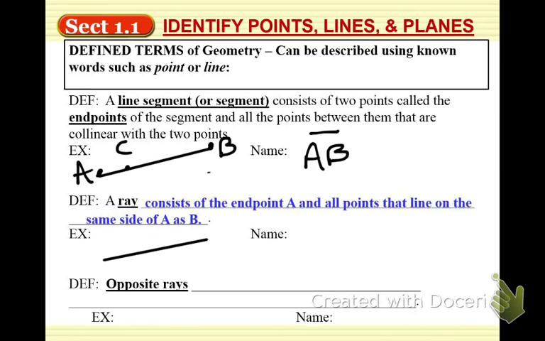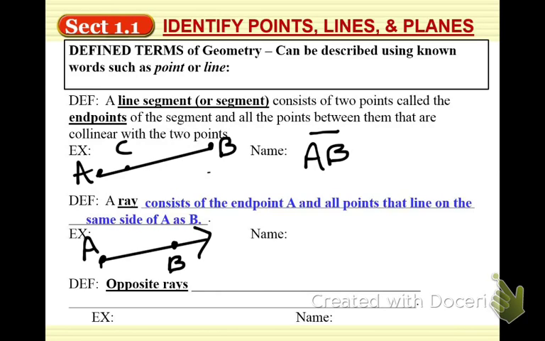A ray is similar in that it has an endpoint, but is different because it extends in one direction forever. It also has an infinite length like a line does.